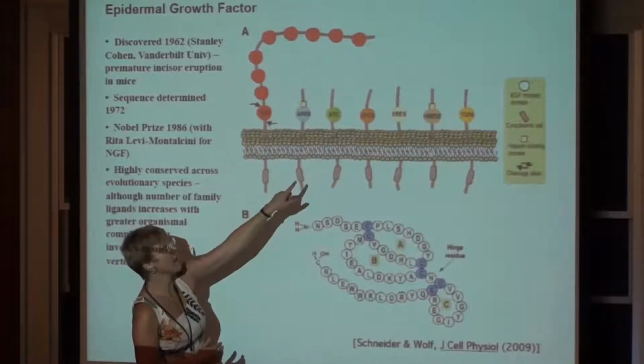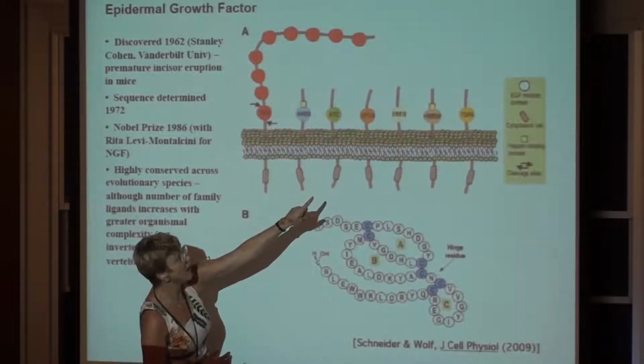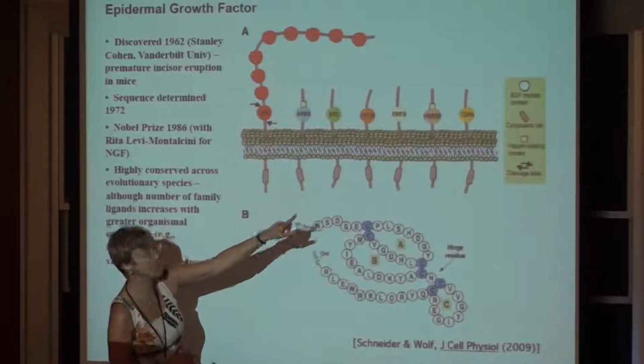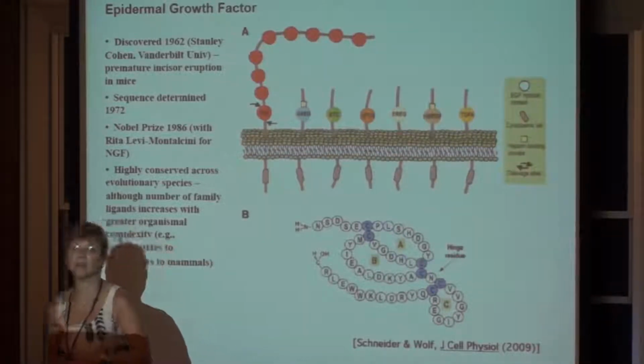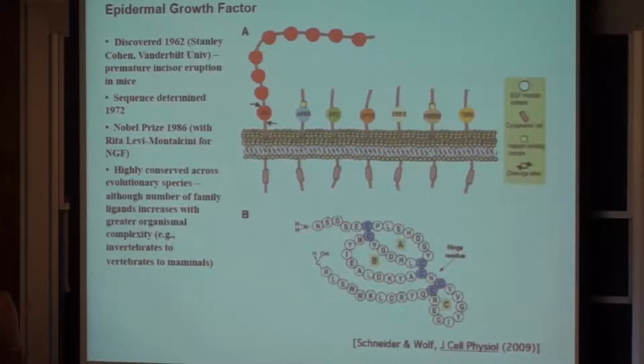Amphiregulin, betacellulin, epiregulin, epigen, heparin-binding EGF, and TGF-alpha all bind to the EGF receptor. Now, what I forgot to mention on the intro slide with tenascin is that with our collaborator Alan Wells, who's now at Pittsburgh, we showed that one of the EGF-like repeats in tenascin also binds to the EGF receptor and can stimulate migration through what we call a matricrine fashion.